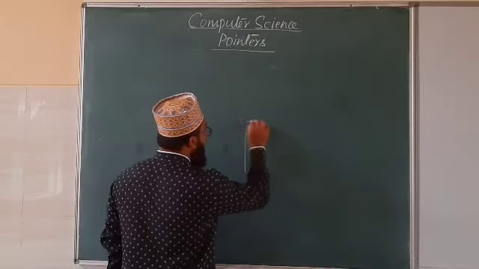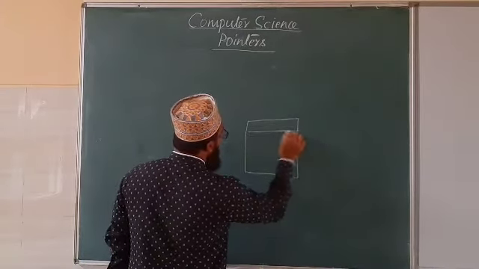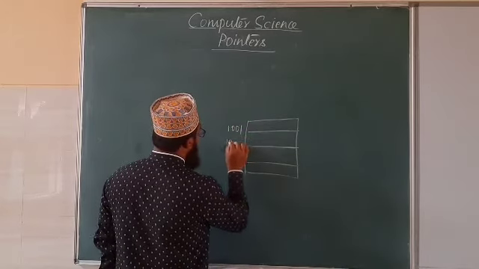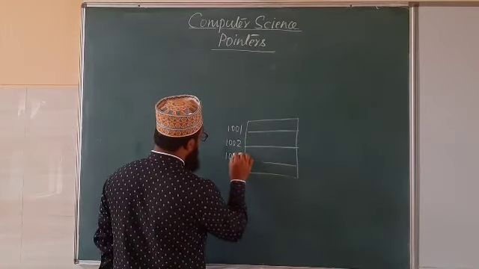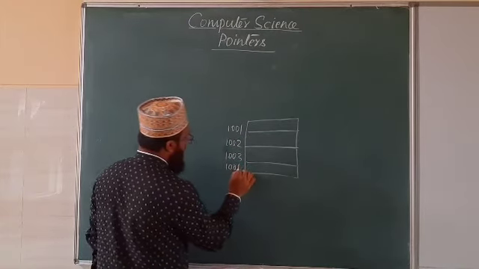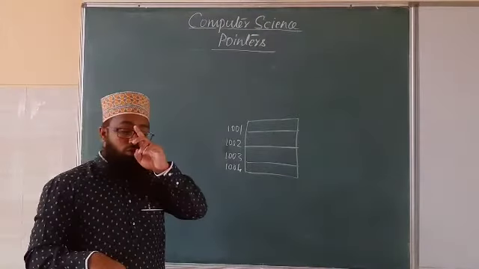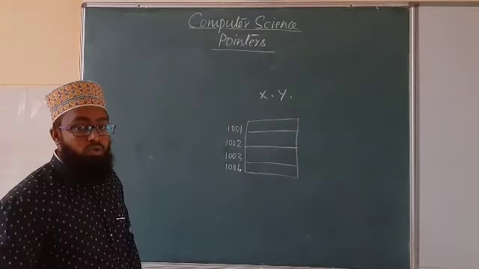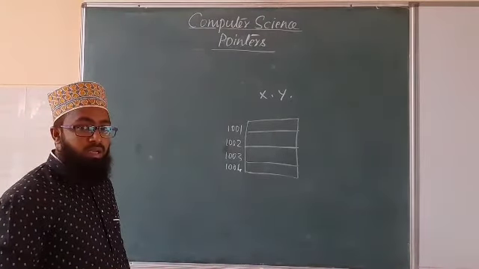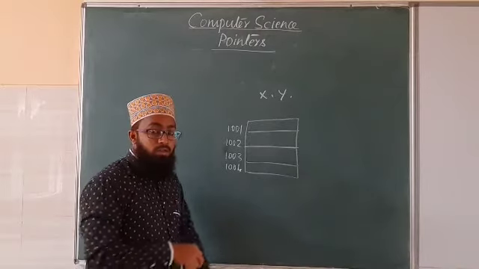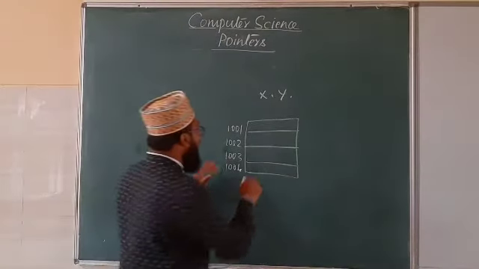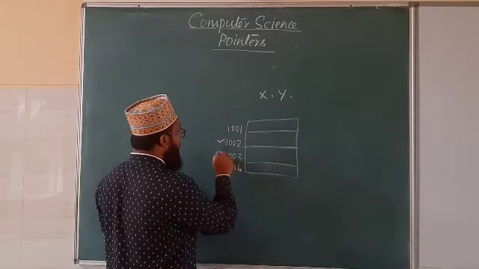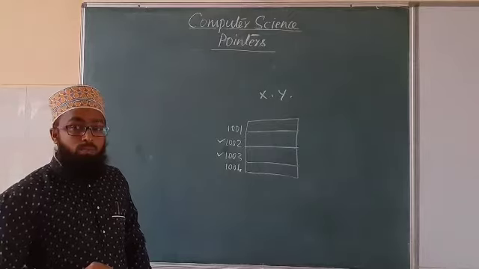Look here. Think these are memory locations having addresses 1001, 1002, 1003, 1004. Then you have variables x and y, and you want to store these two variables in the memory. You want to store x in 1002, and y in another location. Then what will the pointer do?